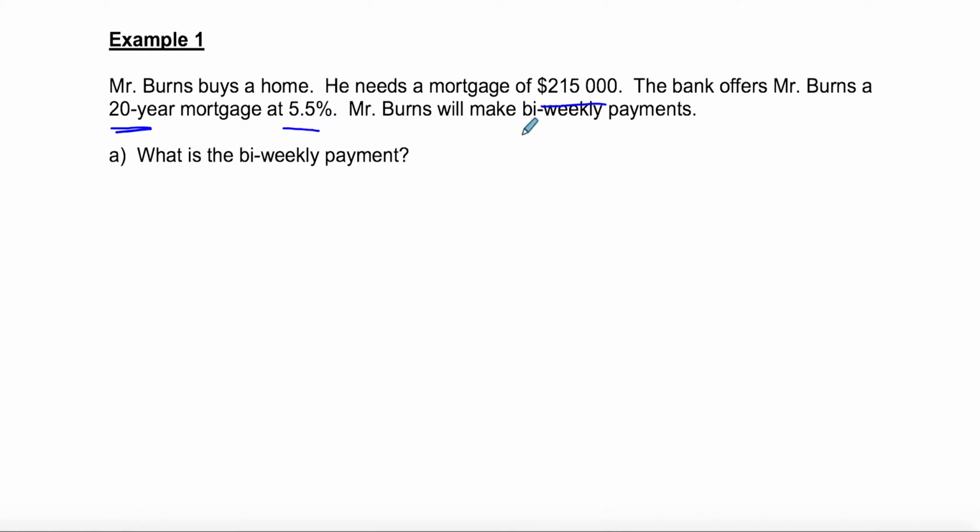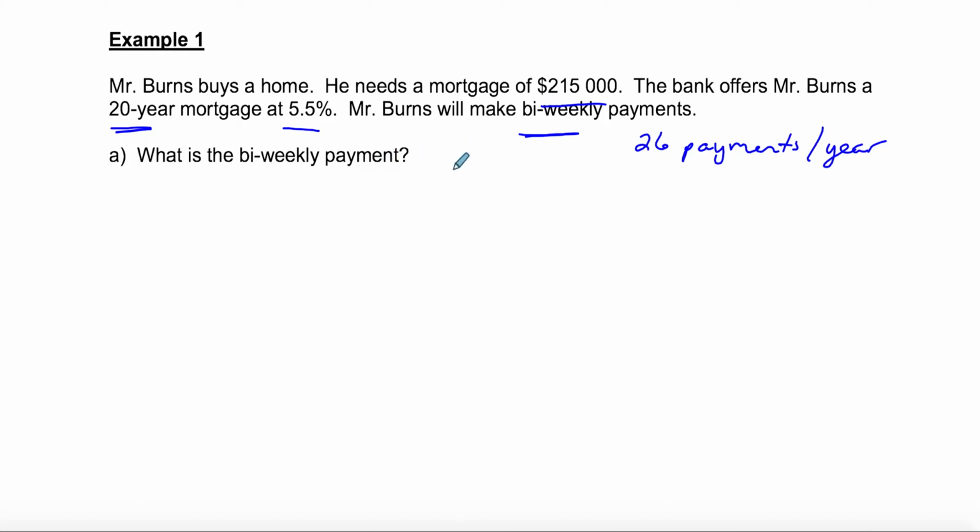But he's going to make bi-weekly payments. Bi-weekly payments are every 2 weeks. There are actually 26 payments in a year. There's not 24, because there are extra days in each month, so we end up with 26 payments per year. What is the bi-weekly payment?